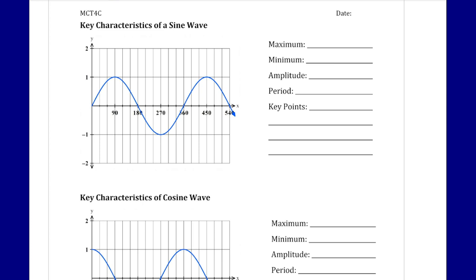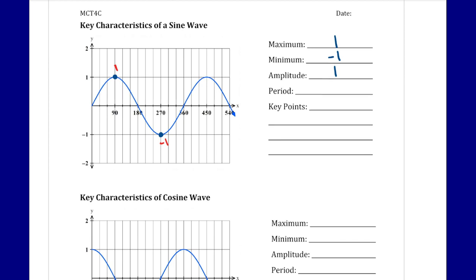Looking at this, my maximum, the highest point, is going to be 1. Our minimum is -1, the lowest this goes. Our amplitude is going to be 1, or half the distance from the maximum to the minimum.